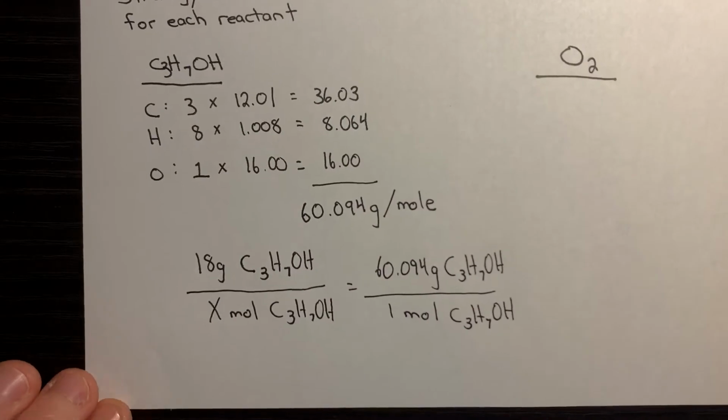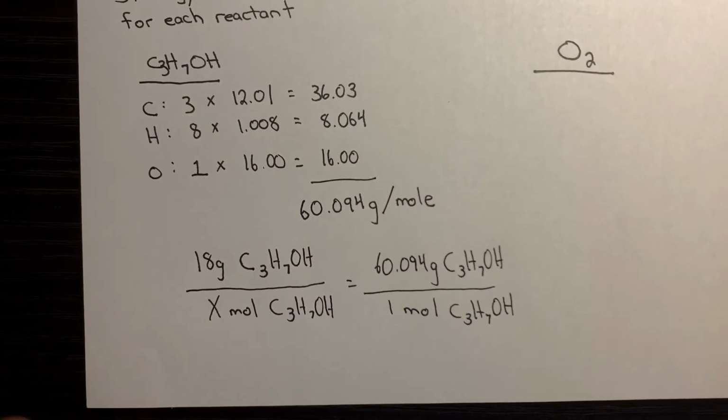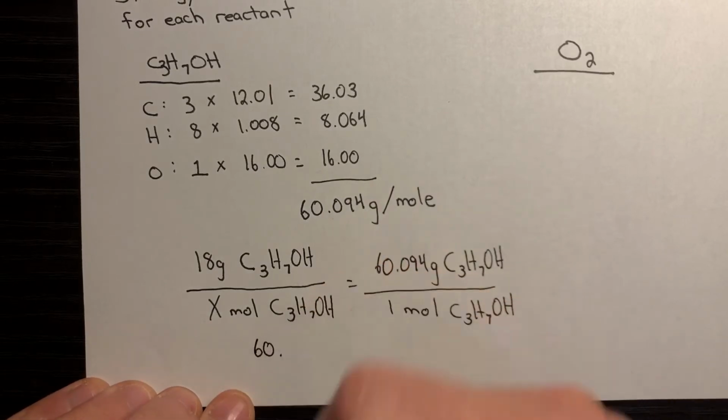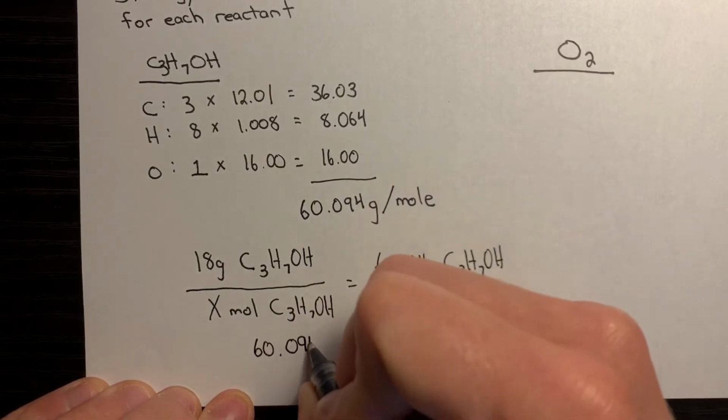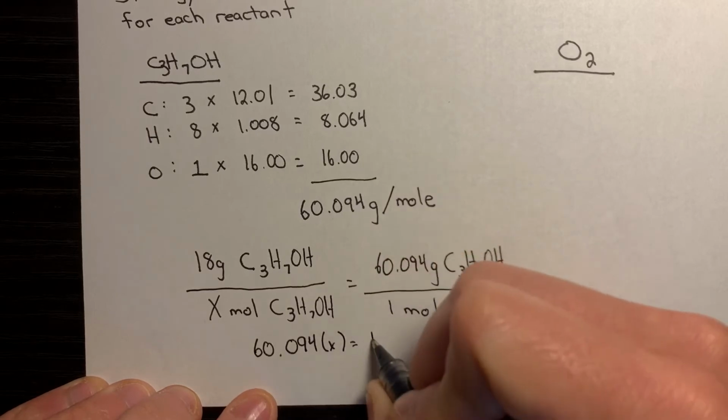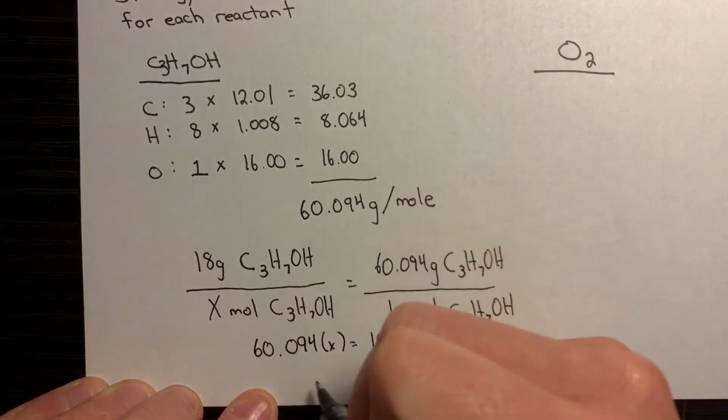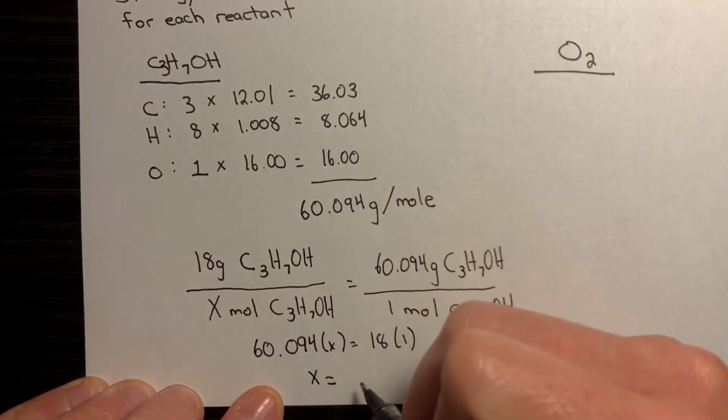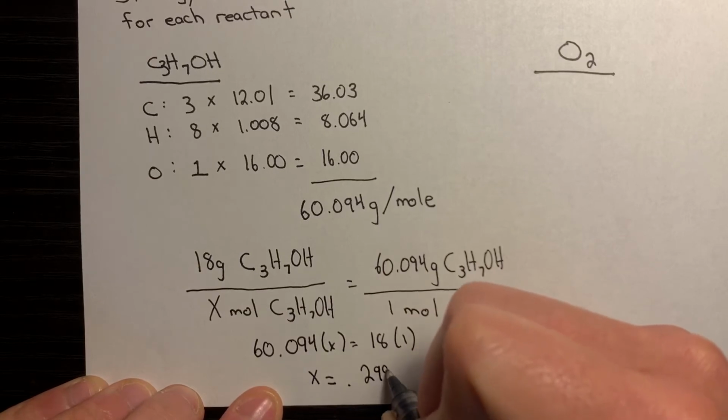So now that I have this proportion in hand, I can basically cross multiply, and I get 60.094 times x is equal to 18 times 1, and x is going to be equal to 0.2995.